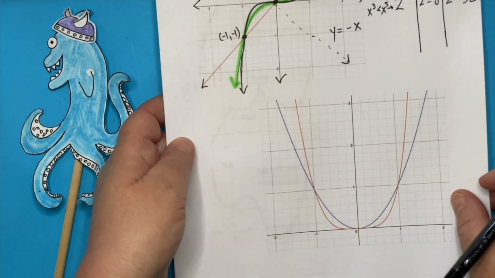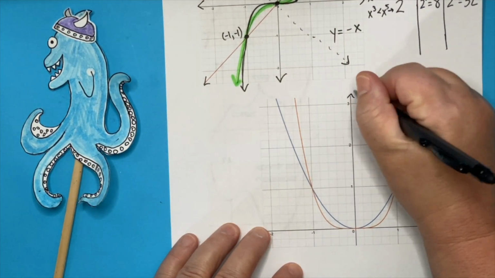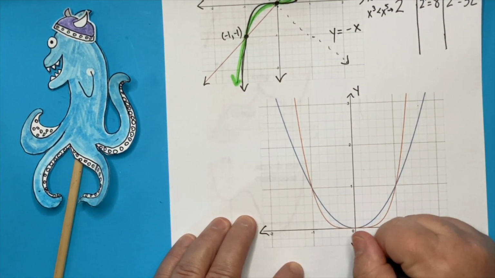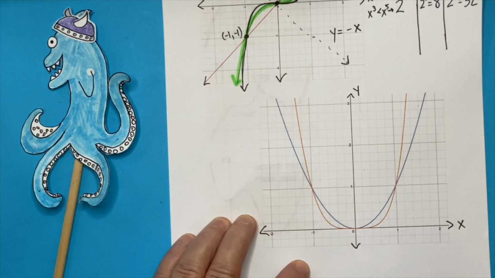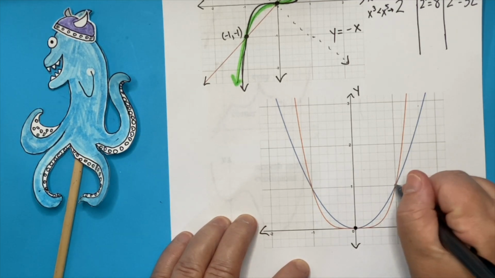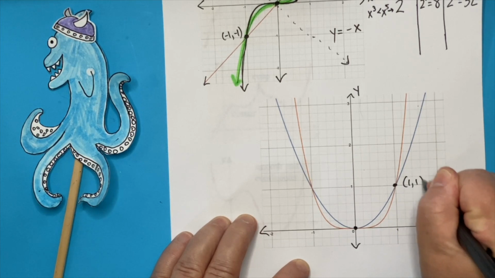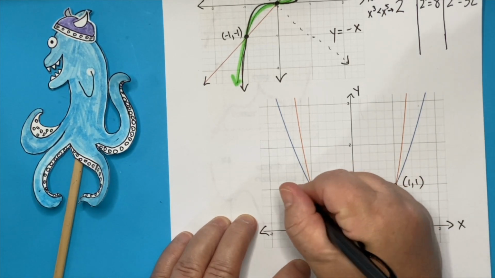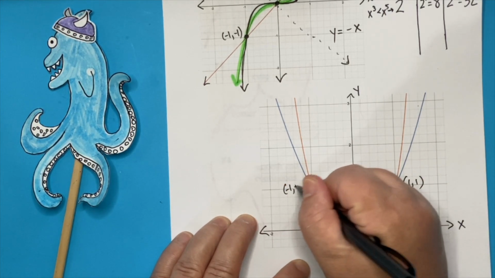Now these two are, again, I haven't drawn in the arrows or anything because Desmos doesn't give us those. But basically, I've got x squared and x to the 4th. And we see, again, they match up at the point (1, 1), at the origin, and at the point (-1, 1).